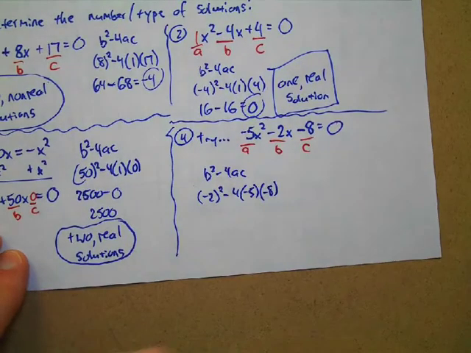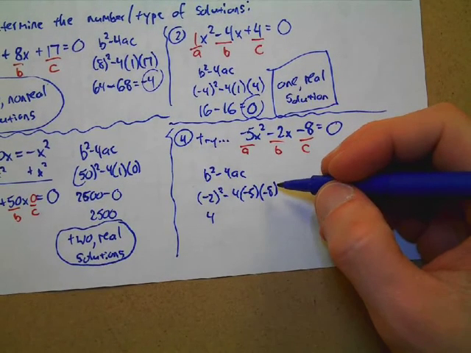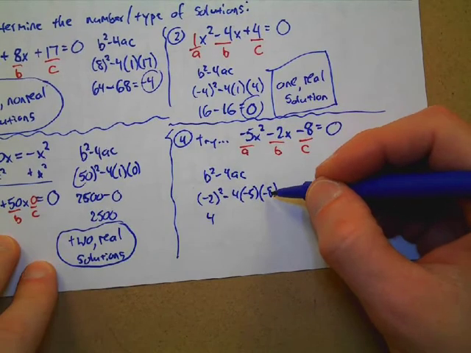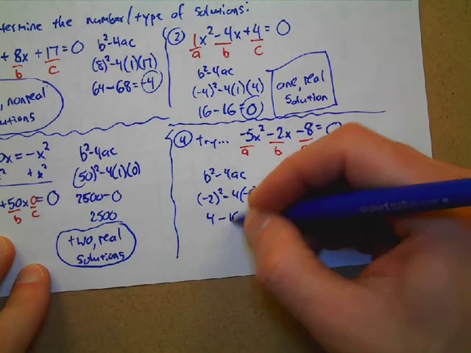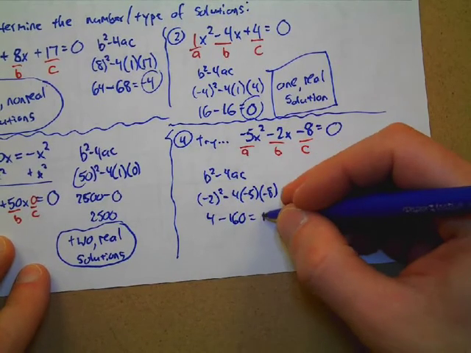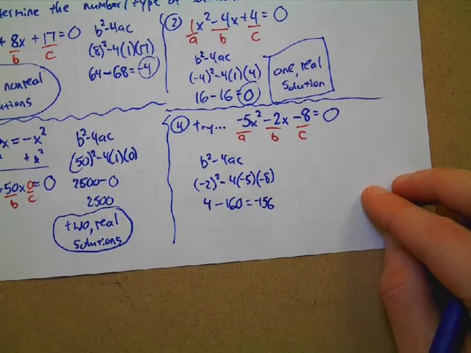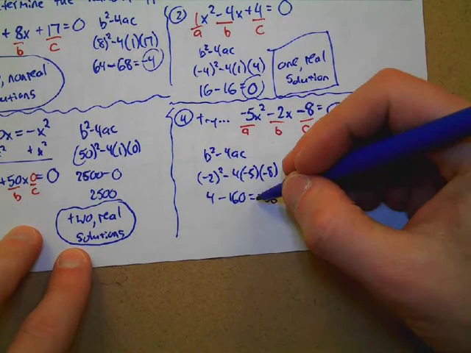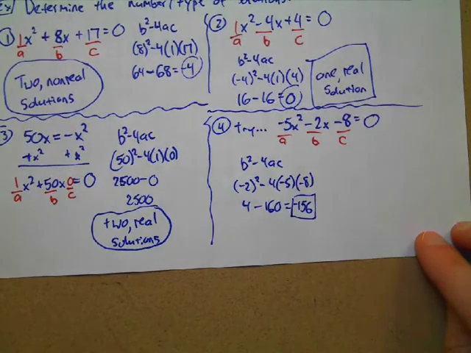Okay, -2 squared is 4. -5 times -8 is positive 40, but then 40 times 4 is 160, so it's going to be minus 160. So we get negative 156. Is that what you guys got for your discriminant? Negative 156. Yes? Okay.